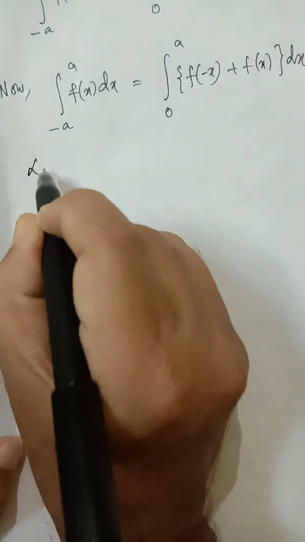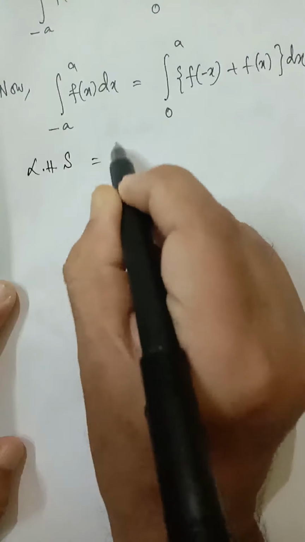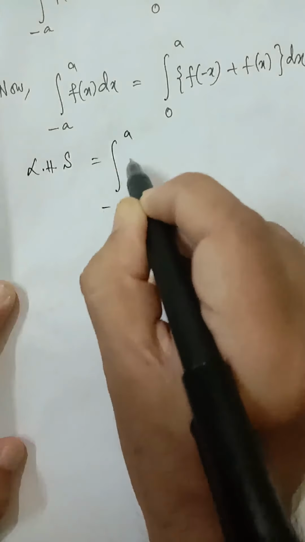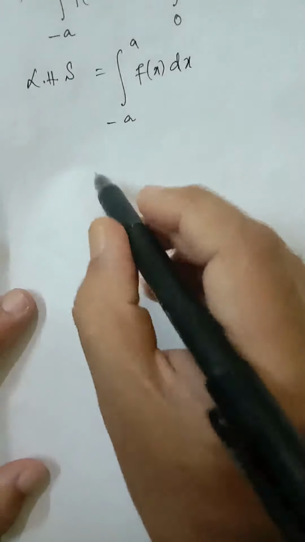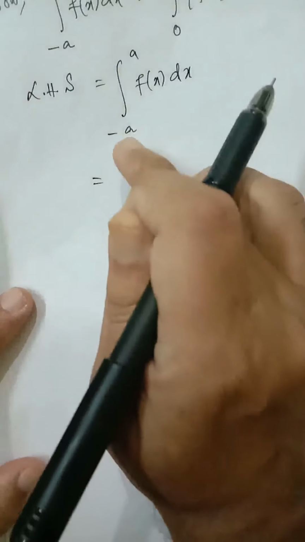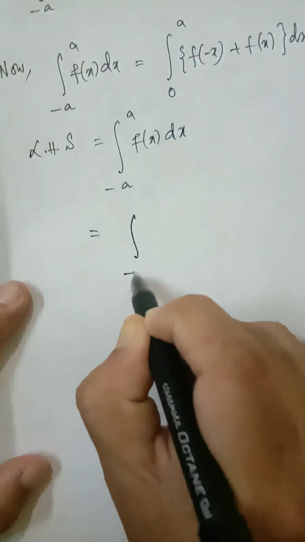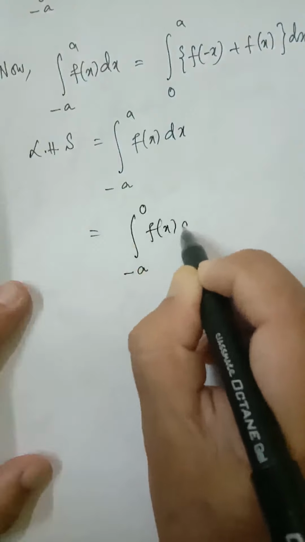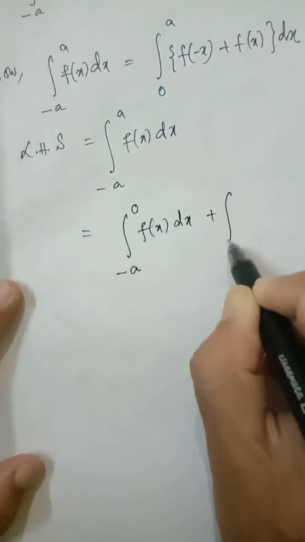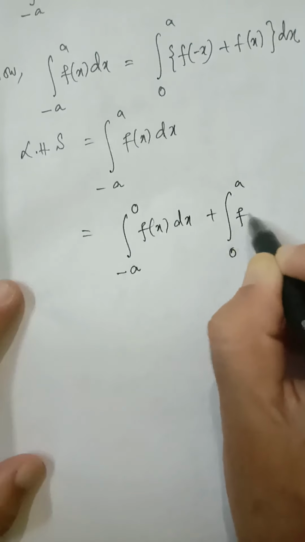Let me start with the left hand side, the integral from -a to a of f(x) dx. This equals, between -a and +a, 0 will come. So we will write it in this way using property number 3: the integral from -a to 0 of f(x) dx plus the integral from 0 to a of f(x) dx.